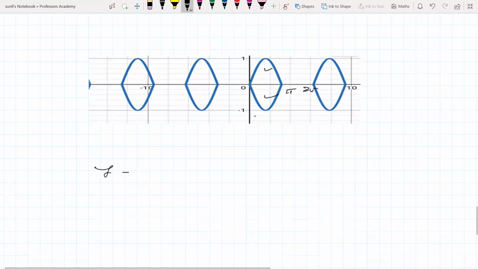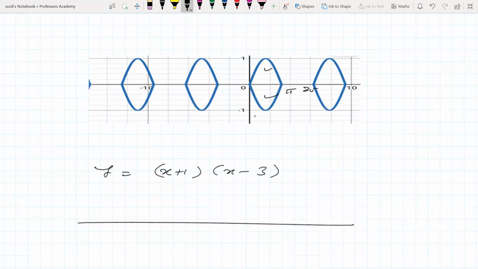Or let me tell you, if you know the graph of (x plus 1) into (x minus 3), what will be the graph? We know that this is the graph. It will pass through minus 1 and it will pass through 3 also. So the graph is parabolic in nature. It will come something like this.